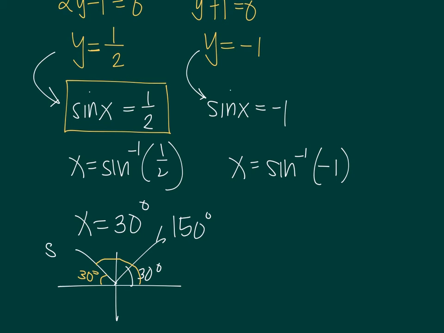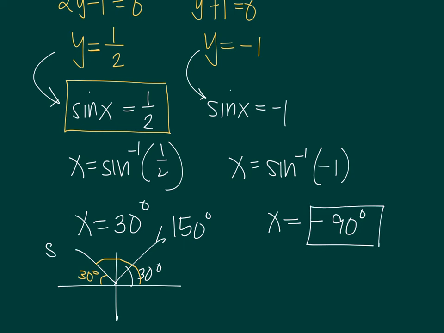On the other equation, the sine inverse of -1 should give us -90. So x is -90.